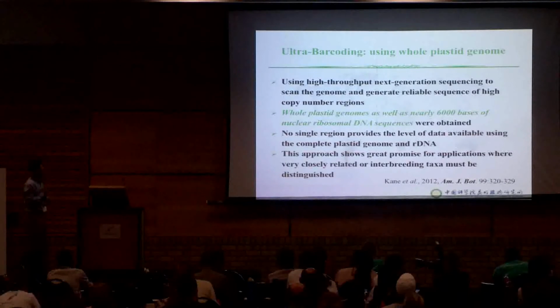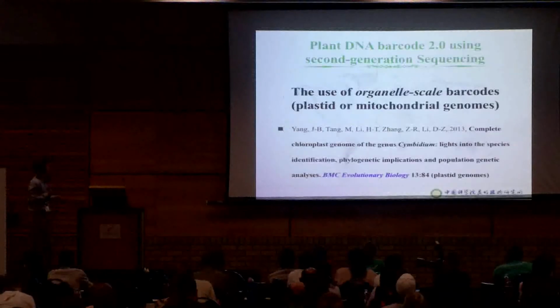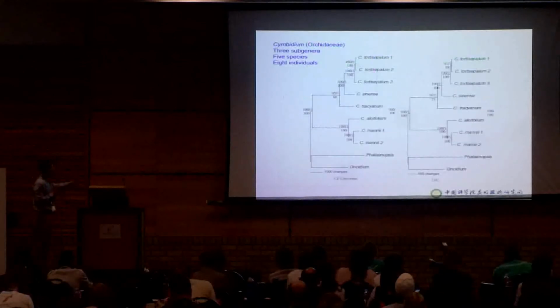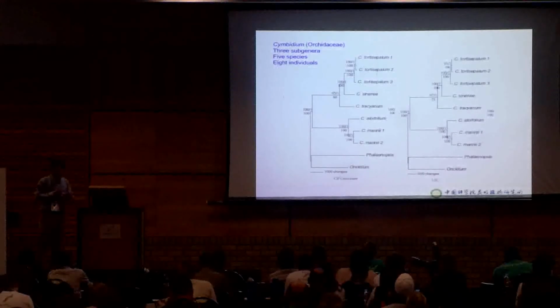And papers like this one in American Journal of Botany in 2012 talking about using the whole chloroplast genome and ribosomal DNA sequences, and actually, we also look at a genus called Cymbidium, which is a very important ornamental orchid in China, and we being able to distinguish the individuals, different cultivars, by using the whole chloroplast genome.